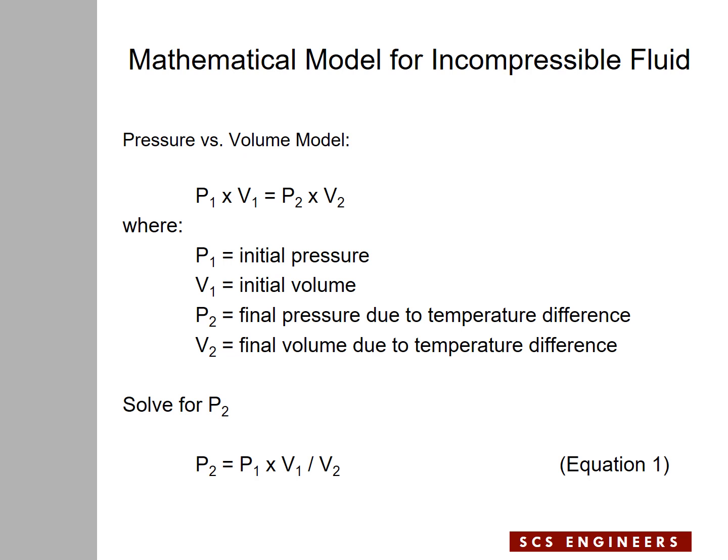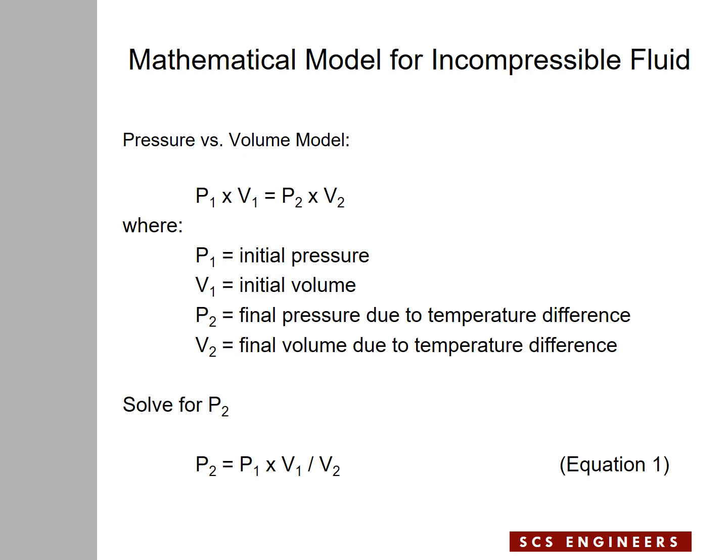In this case, P1 times V1 equals P2 times V2, which basically tells you that the multiplication of pressure and volume is always constant. If the conditions change, meaning pressure or volume change, the multiplication under the initial condition is still equal to the multiplication under the final condition.